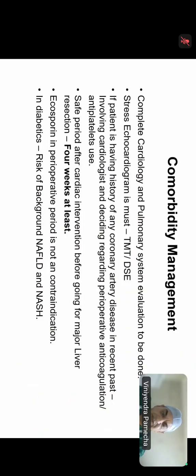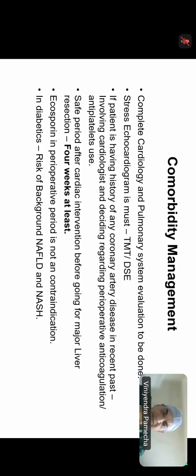Then obviously many of these patients are elderly now and will have cardiac and pulmonary issues, so you need to evaluate them very well. Many of them will have coronary artery disease and may have stents done or may actually need preoperative stenting as well.